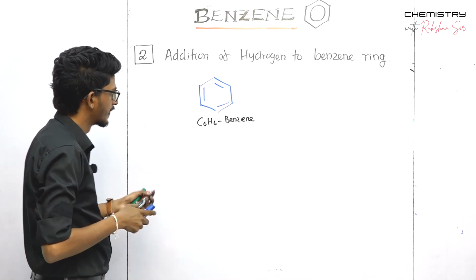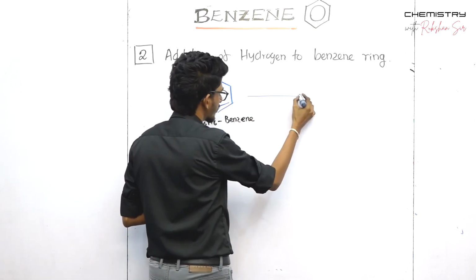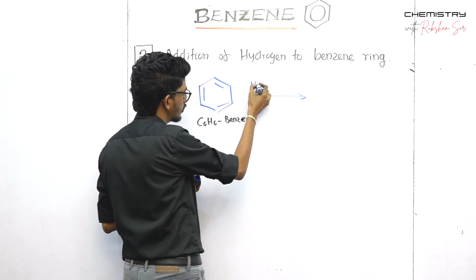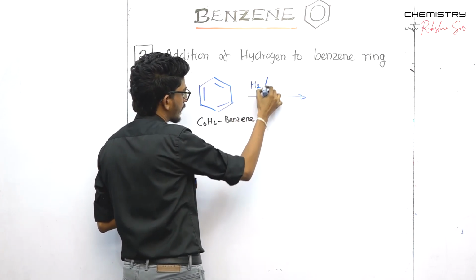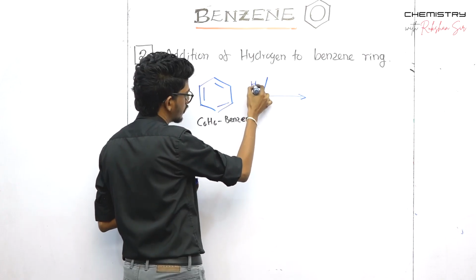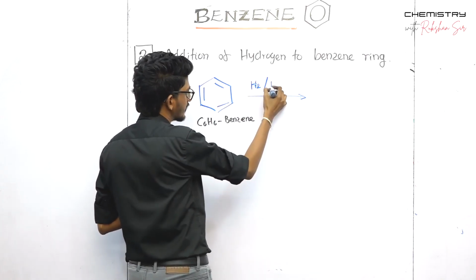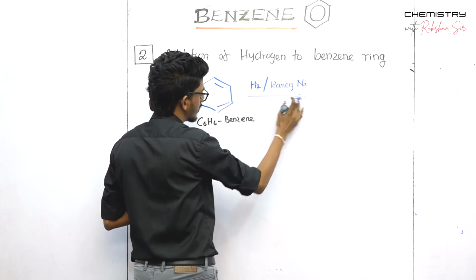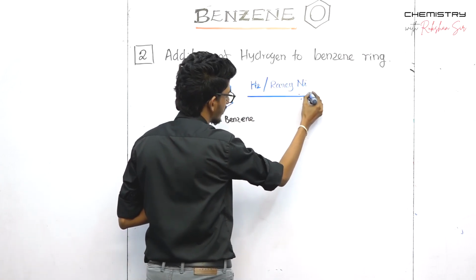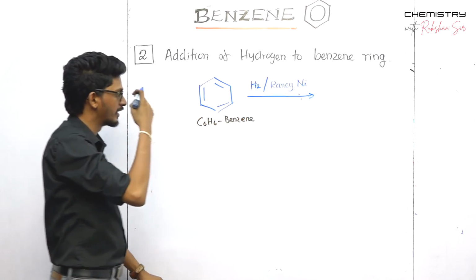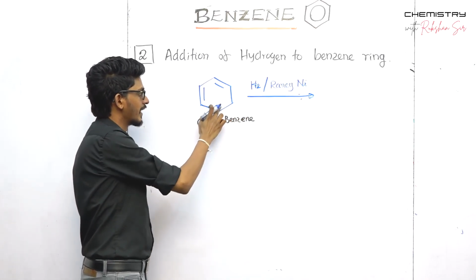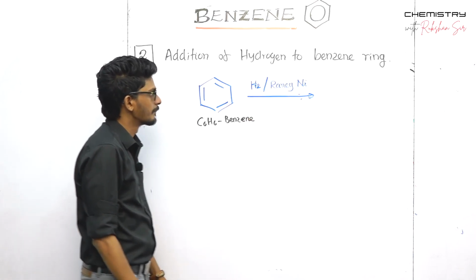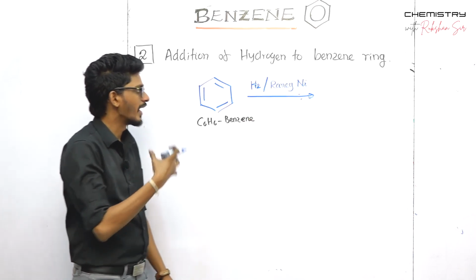If you add H2 with Raney nickel, Raney nickel means activated nickel. Normally H2 with nickel will be added to hydrogenate the pi bonds in alkenes, but here H2 with nickel won't do anything, but Raney nickel, more activated nickel, will.